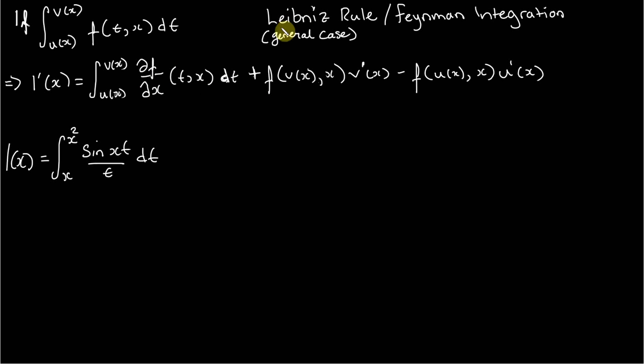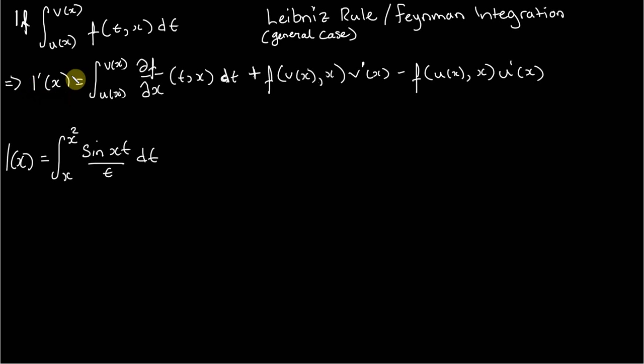So right now, in this video, we're just concerned with the general case, where our limits are differentiable functions. You notice here they're functions of x, u of x, v of x. So if we have something like this, it follows that we'd write I prime of x equals, and this should be I of x really, if I of x equals this.